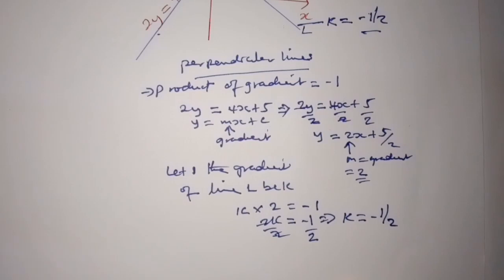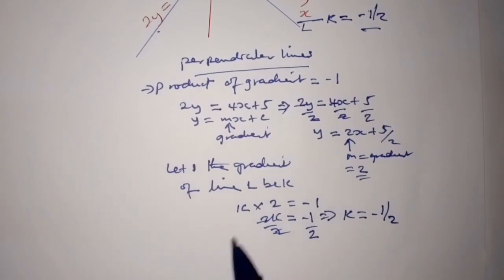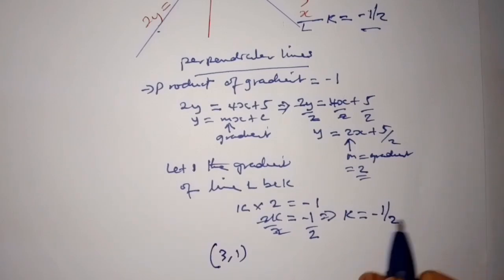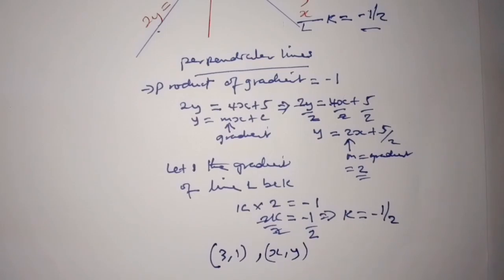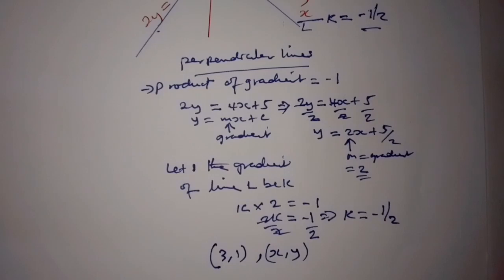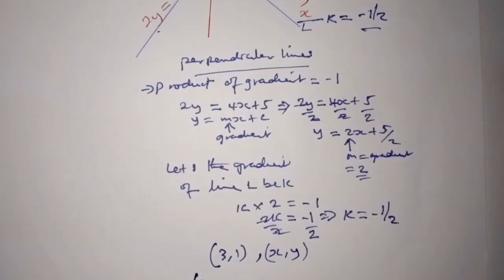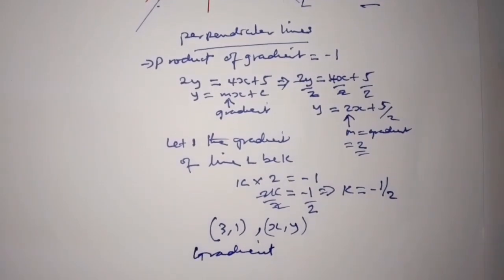So we take point (3, 1) in line L, and we take another point (x, y) passing through line L. Then now we use the formula of gradient.